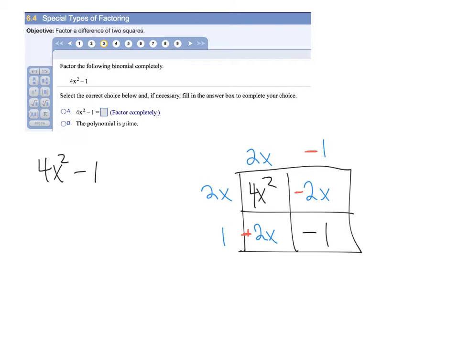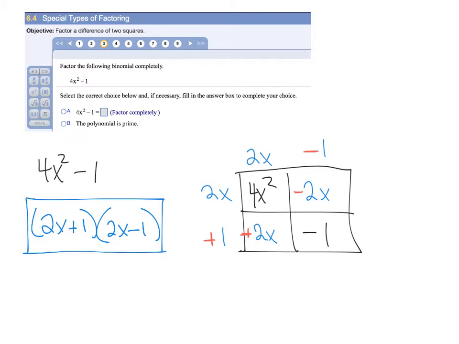That means this needs to be a negative 1, and this has to be a positive 1, and so our factors over here become 2x plus 1 and 2x minus 1, and that is our factoring.